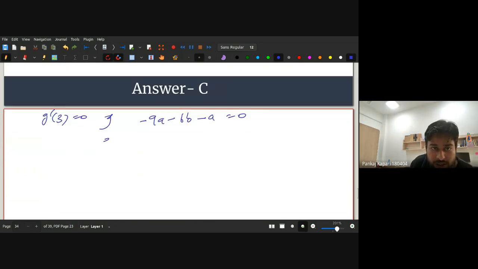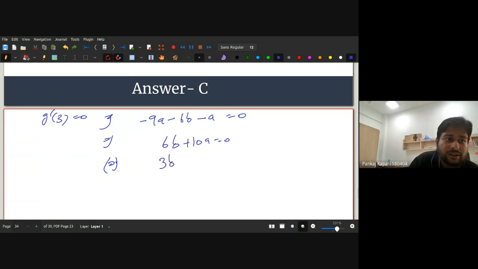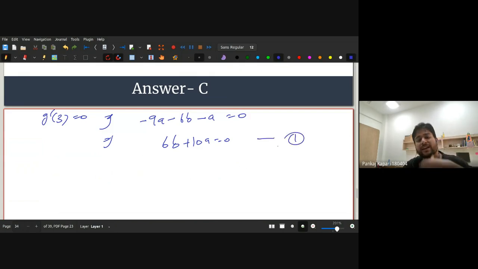So this will just give us one equation, that 6b plus 10a is 0. Okay, let's leave it like this. So this gives us one relation between a and b.